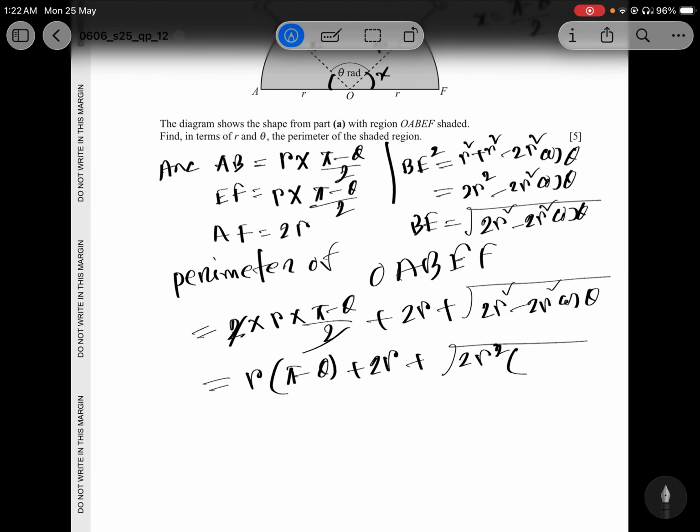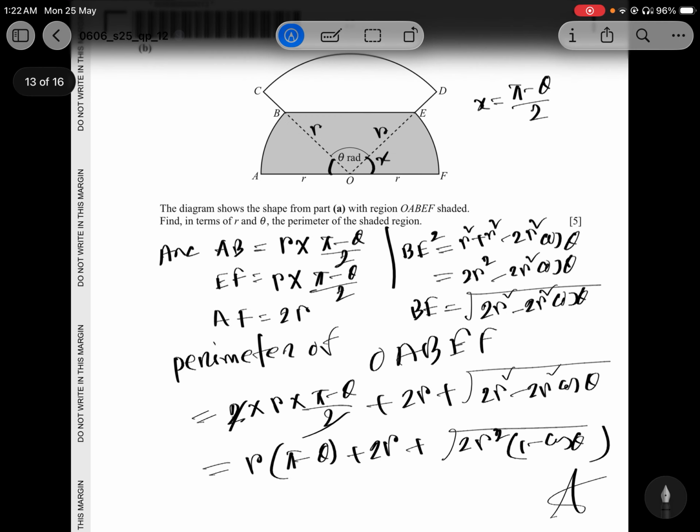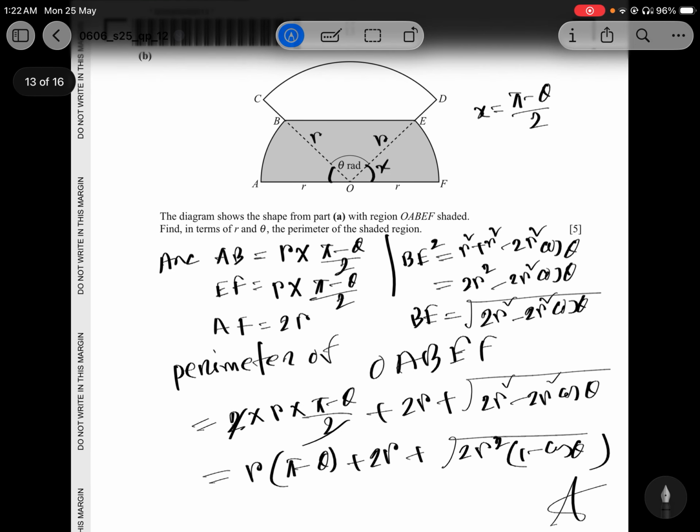So 2r squared, should I take common? 1 minus cos of theta. This should be the answer. Is that wrong? Let me check. No, it's okay.